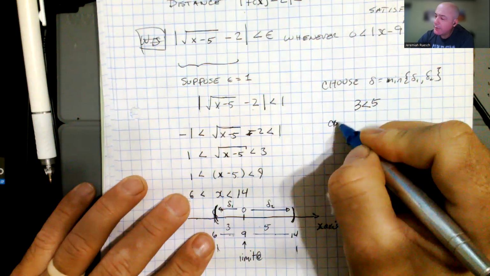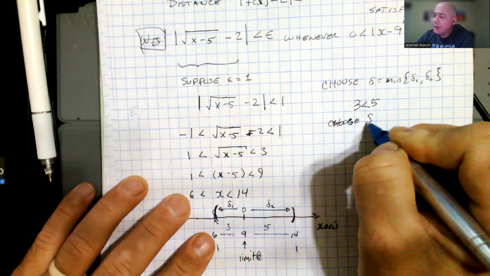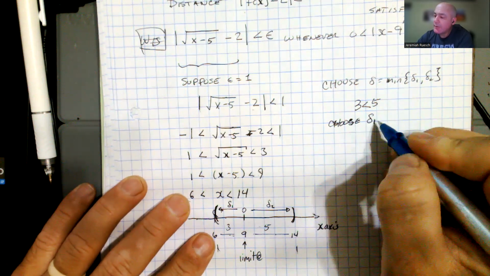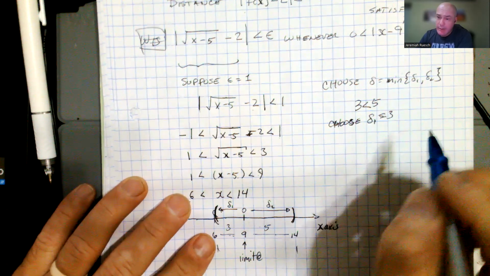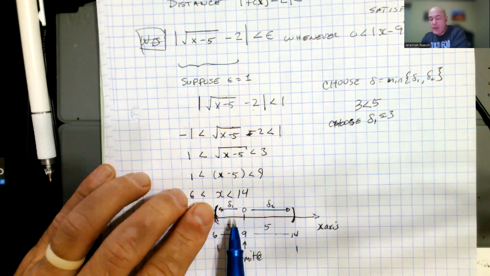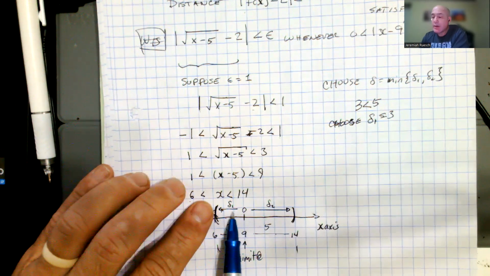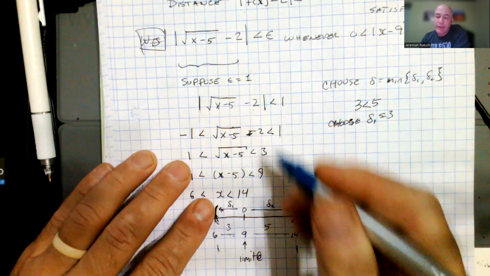So choose delta 1, which is equal to 3. And if we keep that delta, then we're guaranteed that we have a delta that no matter what, we're going to be able to find that epsilon for 1.